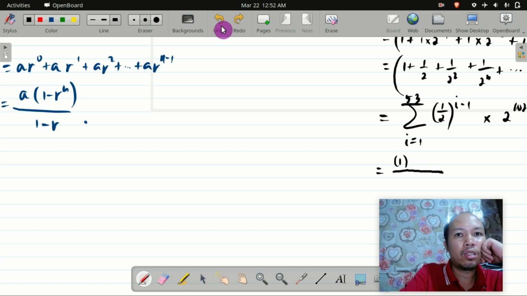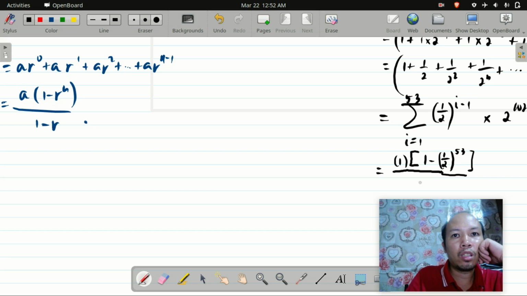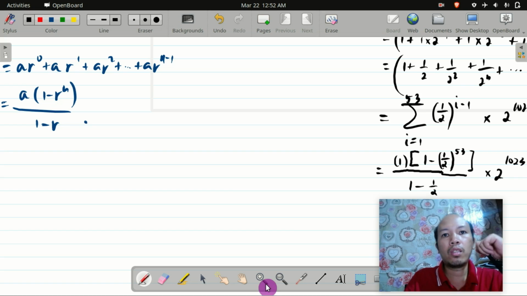Let's make it bigger. 1 minus 1/2 to the n, our n is 53, and then 1 minus 1/2, times 2 to the 1023. Let's simplify this one here.